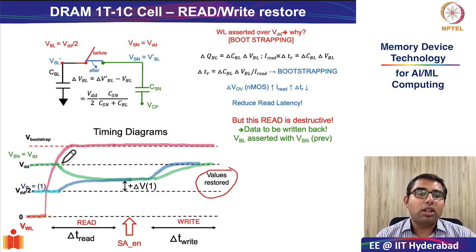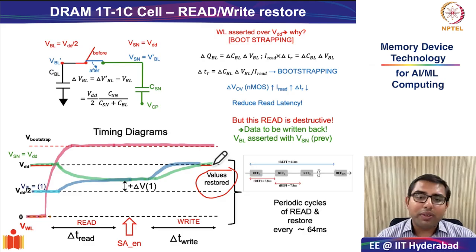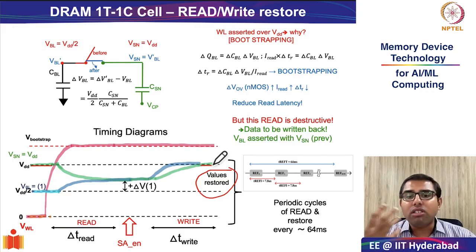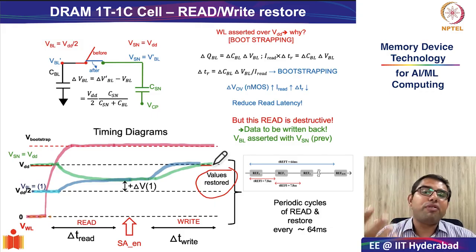The storage node voltages we were tracking with the green marker, as you can see, were actually restored after the write. And as we have discussed in the previous class, since there is some leakage through the capacitors, even if you don't do a read operation, even when your memory is idle, you have to keep doing this cycle of read and write, or read and restore, every 64 milliseconds.